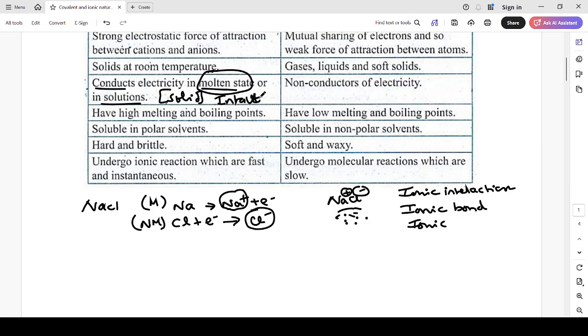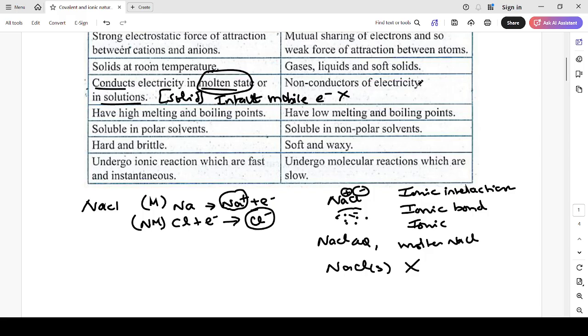So you don't have mobile electrons at all. No mobile electrons, so they won't conduct. Aqueous NaCl and molten NaCl can conduct, but solid NaCl cannot conduct electricity because they don't have mobile electrons.